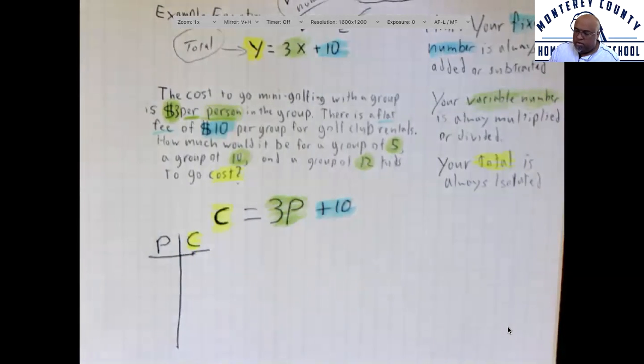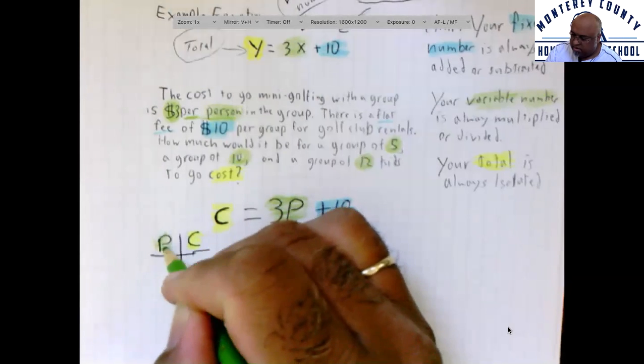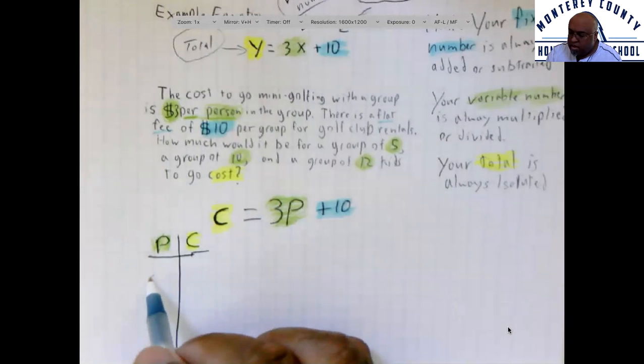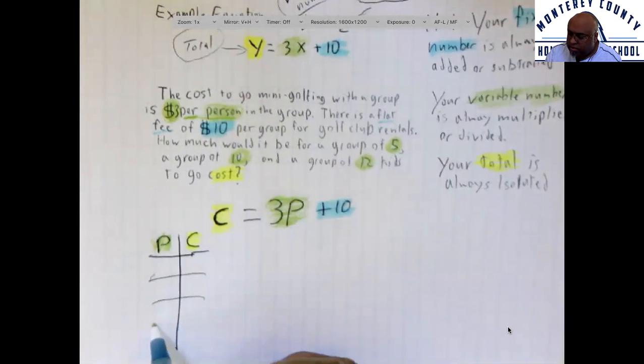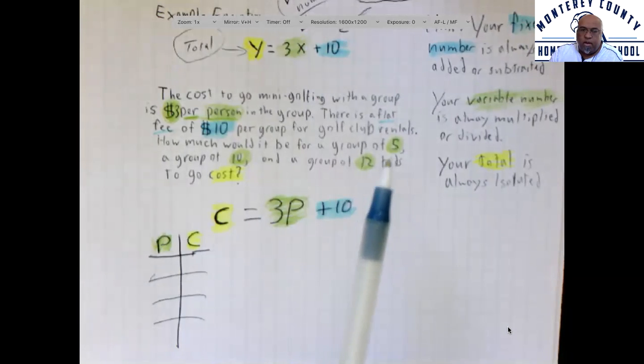I'm going to color code this just so it stays consistent here. Okay. Again, it's all about being able to identify the parts. Now, looking back at my word problem here, I have 3 values, meaning the number of people that would go golfing.